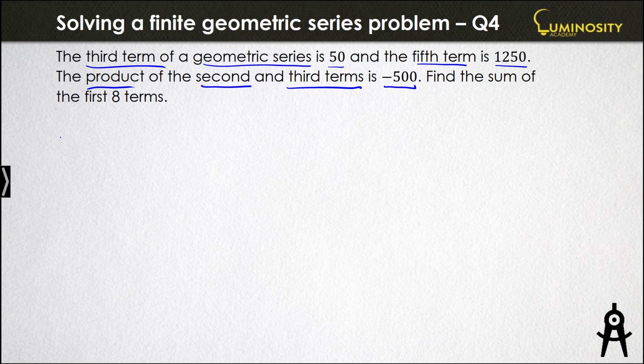Okay, so this geometric series looks like this. It's A plus, so term 1, plus term 2, plus term 3, plus term 4, plus all the way up to the 8th term. So AR to the 7, always one less than the exponent, right?